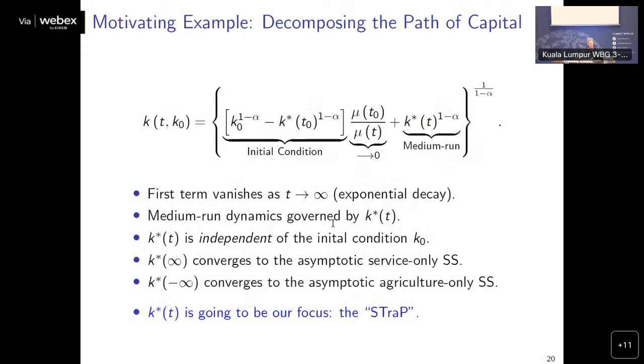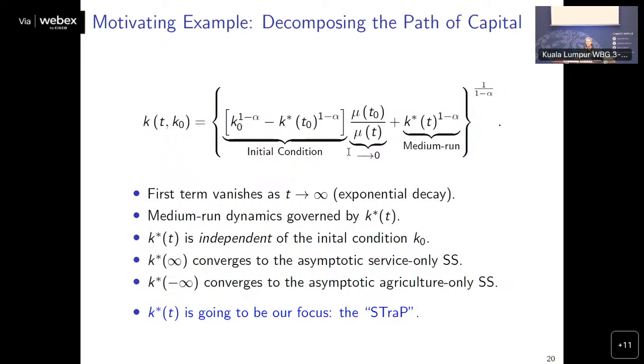This is when alpha equals theta, just showing what happens. This is capital as a function of time and as a function of the initial level of capital. You have this first term, which depends on the initial level of capital. That's going to go to zero.